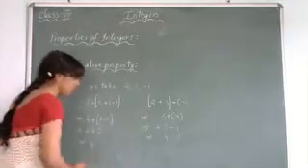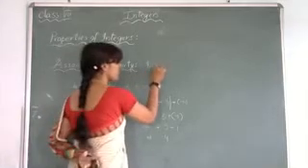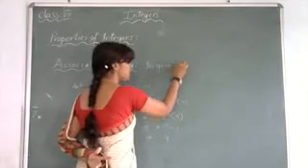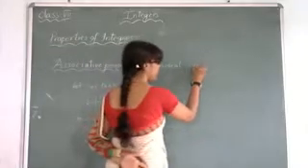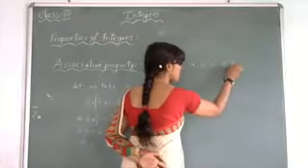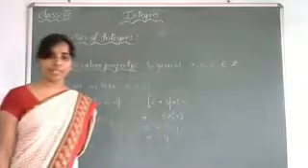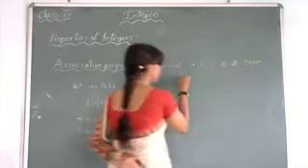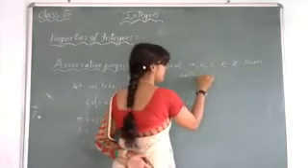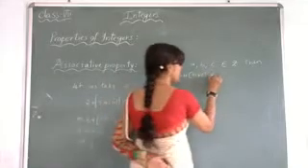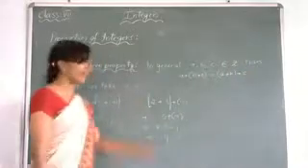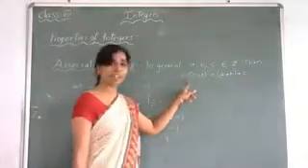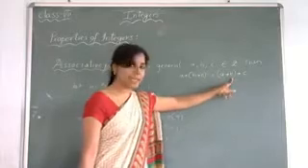So from this, what is the general form of the associative property under addition? In general, a, b, c belong to integers, that means a, b, c are integers. Then a plus of b plus c is equal to a plus b plus c.